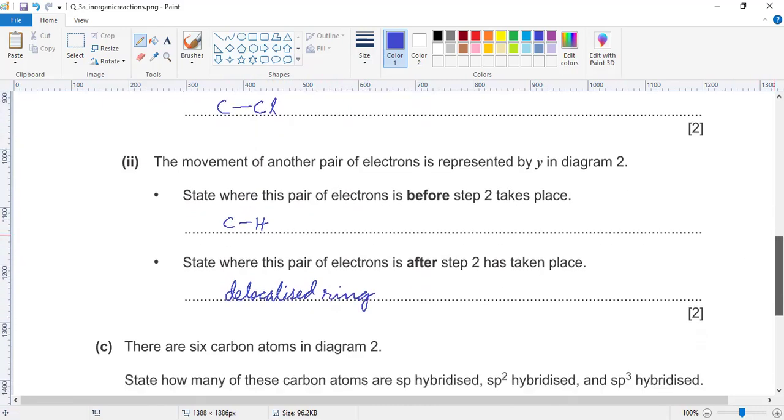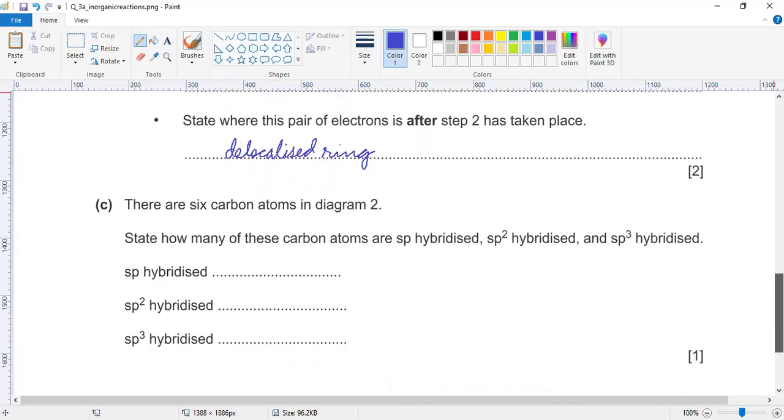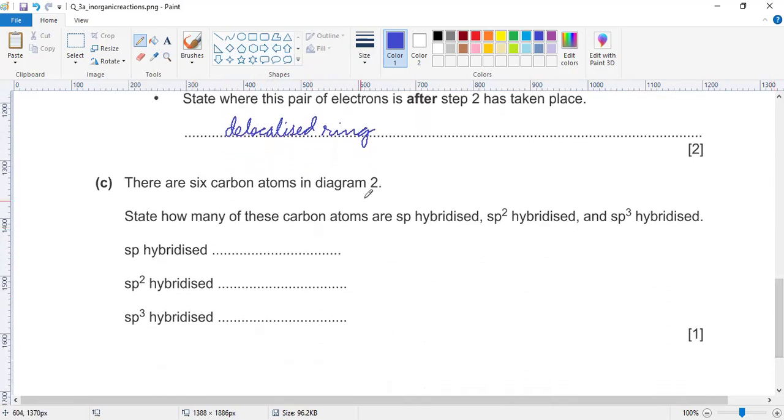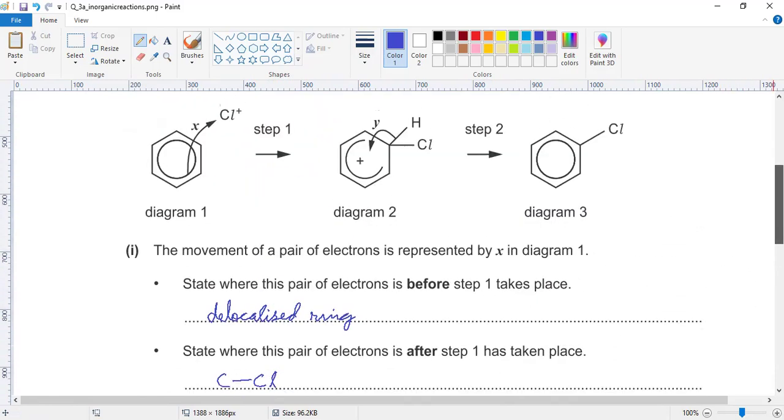Now part C is asking about the 6 carbon atoms in diagram 2. State how many of these carbon atoms are sp hybridized, sp2 hybridized, and sp3 hybridized. So come again to the diagram.